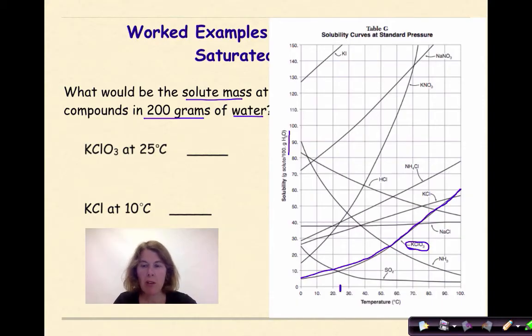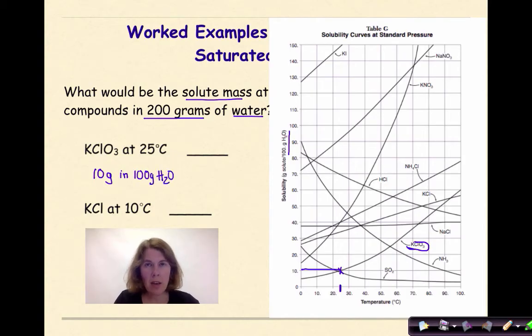Now that I've identified the line, I'm going to get rid of my blue line right here, because that was just terrible. So we see where KClO3 is located. That's great. So at 25 degrees Celsius, I'm going to go up until I hit the line, which is right here, and then I'm going to go across as best as I can. And I can see that we're going to have 10 grams of solute in 100 grams of water.